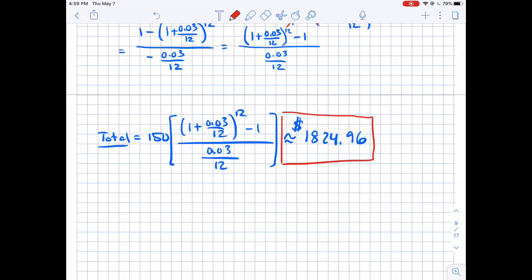Now if we generalize this formula that we just found, we're going to introduce a little bit more notation. The first thing we have is PMT, which is going to be the regular payment amount. In this last example, that was 150.